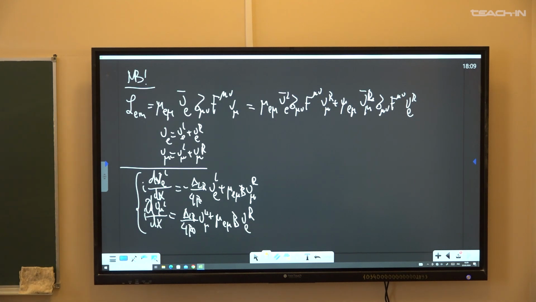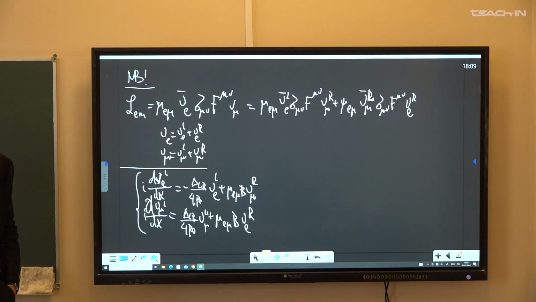I think that we shall now turn to another very interesting phenomenon in neutrino mixing and oscillations, accounting for neutrino interaction with matter.